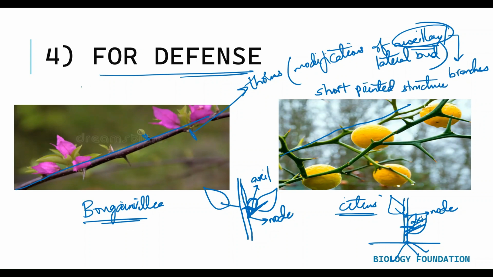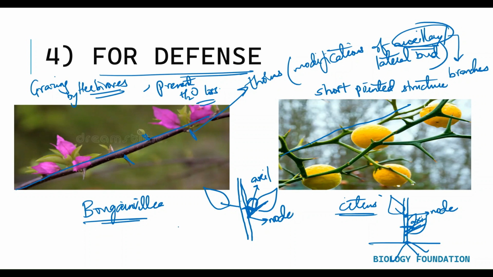In order to prevent the plant from grazing by herbivores, and even to prevent excess water loss. So basically, in bougainvillea and citrus, the thorns are modifications of auxiliary buds.